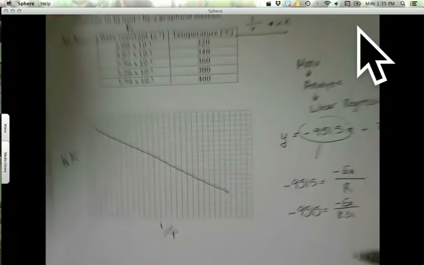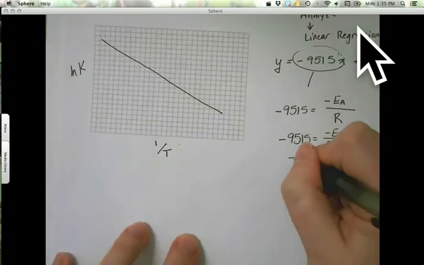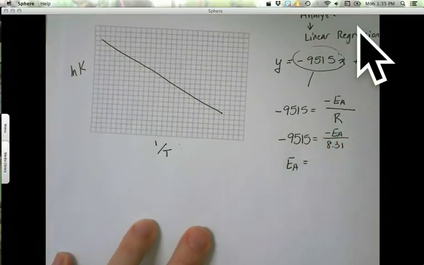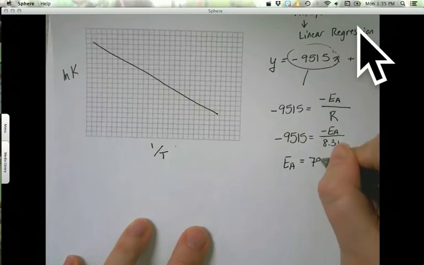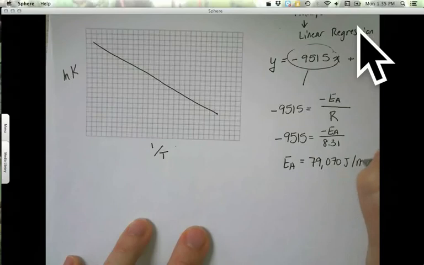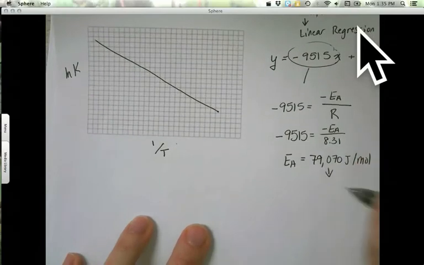If I multiply both sides by 8.31, I get my activation energy to be 79,070, and that's joules per mole if we look at all our units associated with this. But to get it in kilojoules per mole, I'm going to say 79.1 kilojoules per mole.